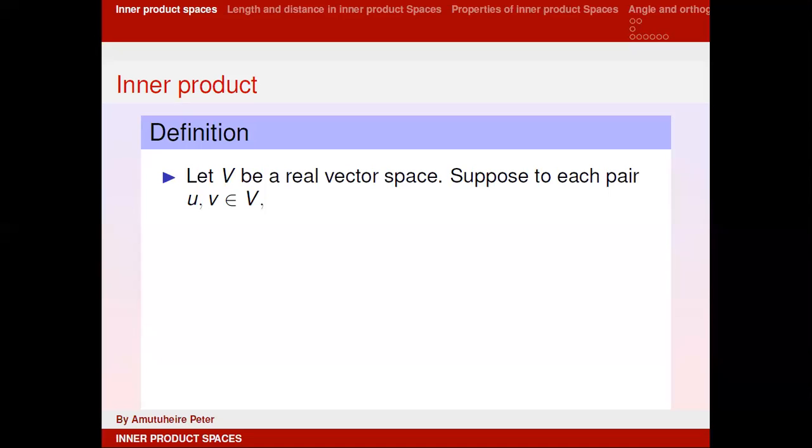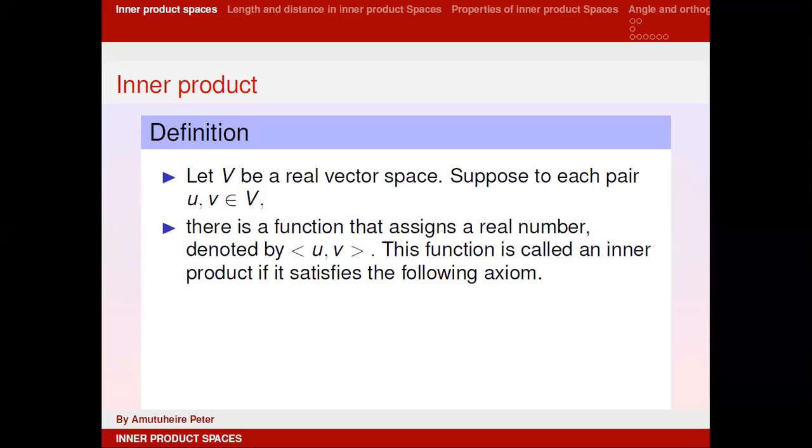Suppose to each pair of vectors, if you pick two elements in that set V, we can find a function that assigns a real number denoted by <u, v>. Then this function is called an inner product if it satisfies the following axioms.